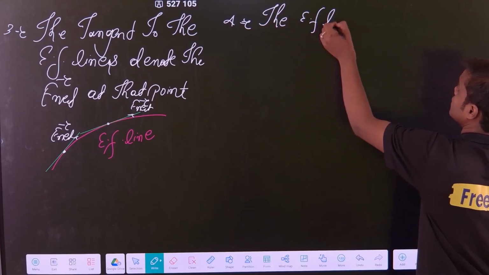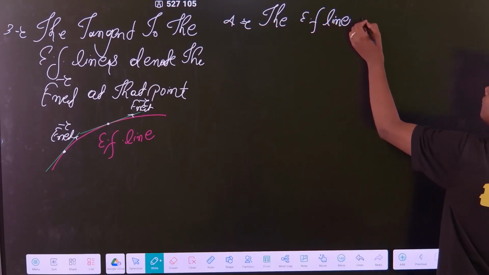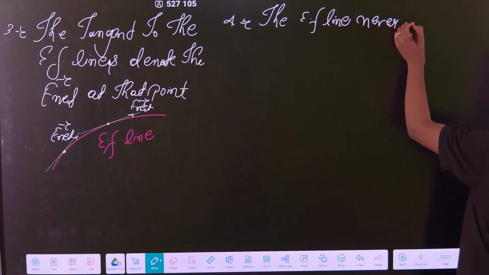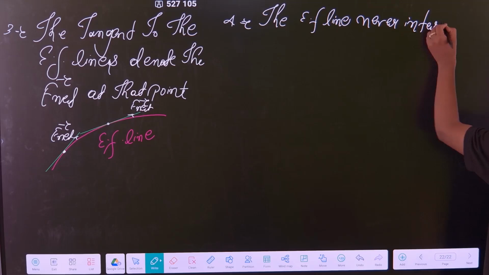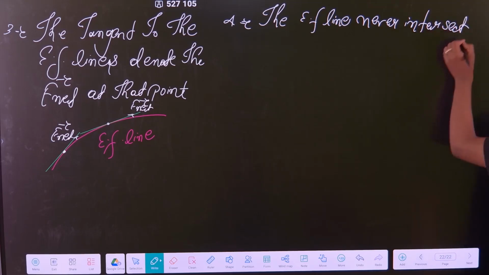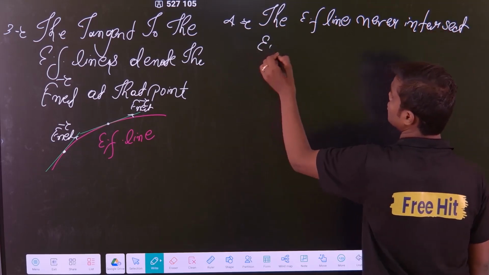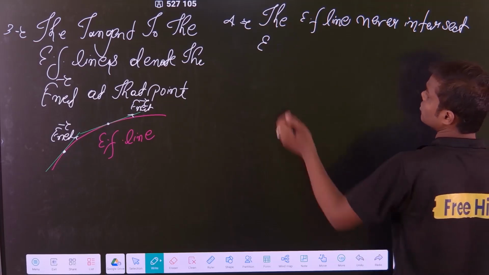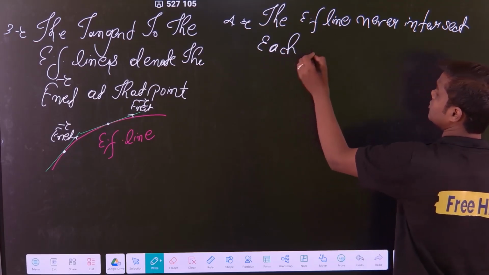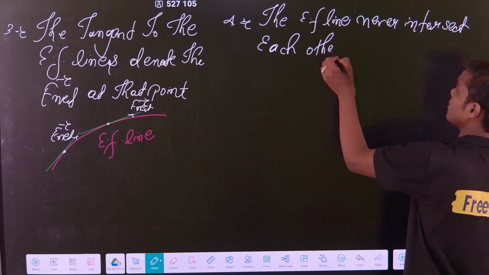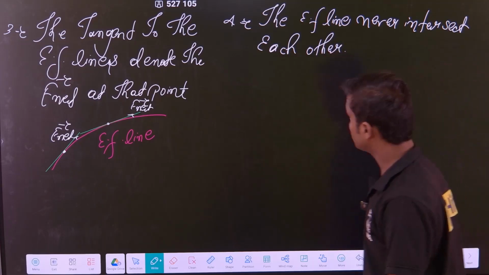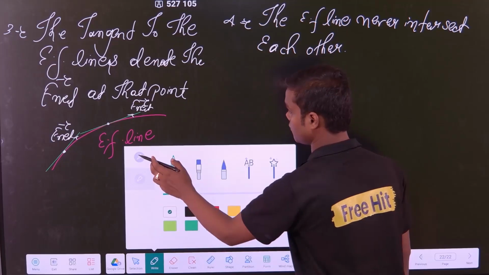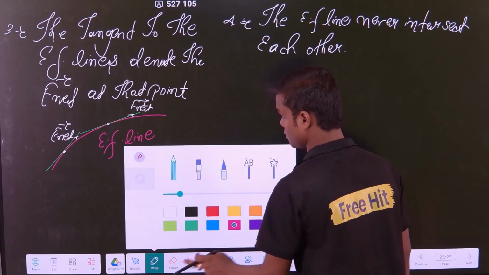The electric field lines never intersect each other. Just ignore the noise, okay? Never intersect each other. Why? Why is it not possible, sir? Why do electric field lines never intersect each other? What is the reason? There is a reason.